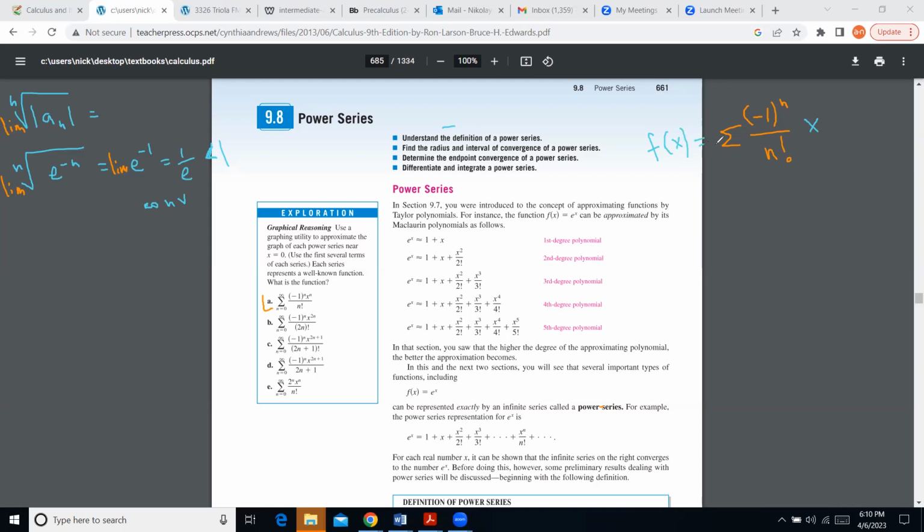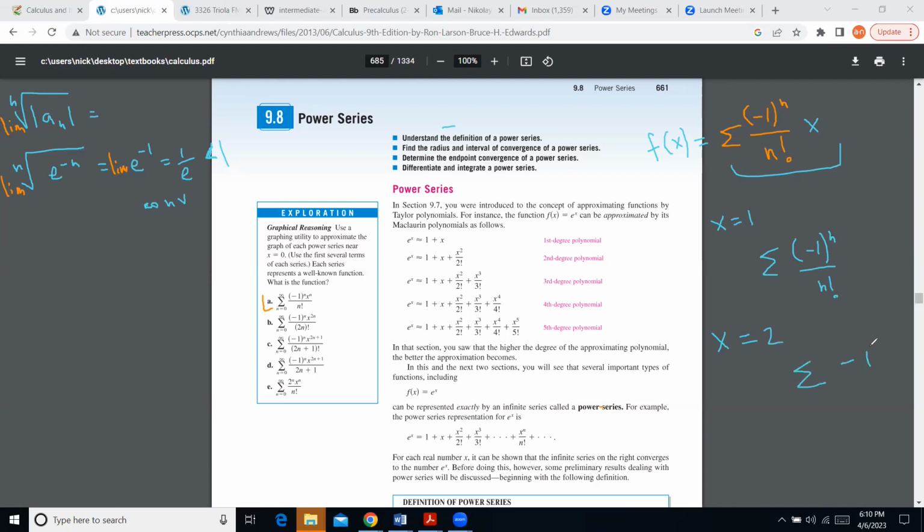In other words, in this description, there are actually infinitely many series. So, for example, when x is equal to 1, you're going to end up with a series that looks like (-1)^n over n factorial. But when x is equal to 2, you're going to get a different series.